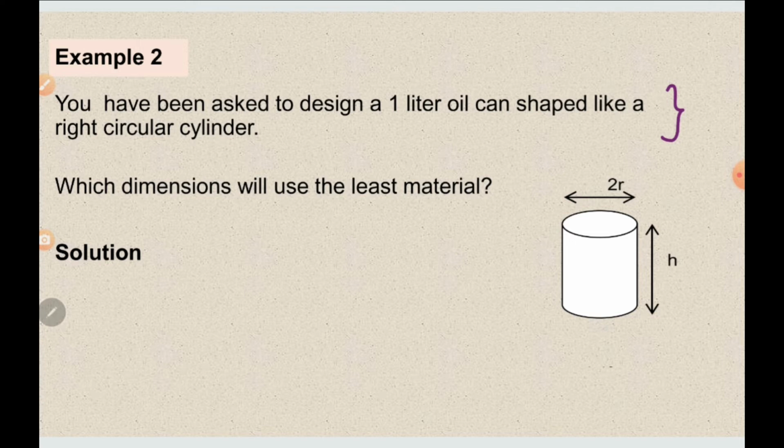For the diagram given here, you can imagine that the can is filled with 1 liter of oil, which means the volume of the right circular cylinder is given as 1000 centimeter cube.